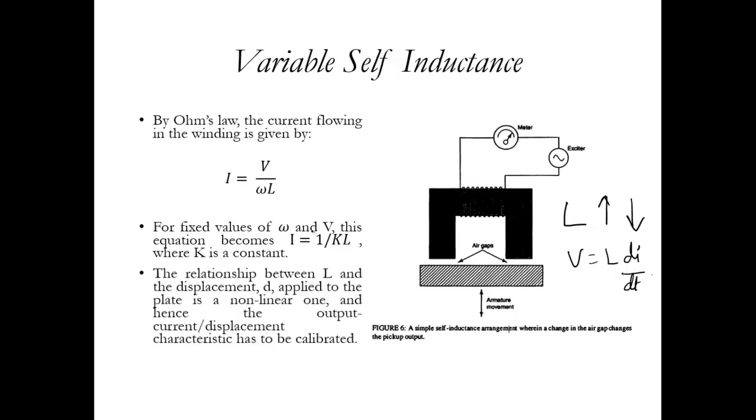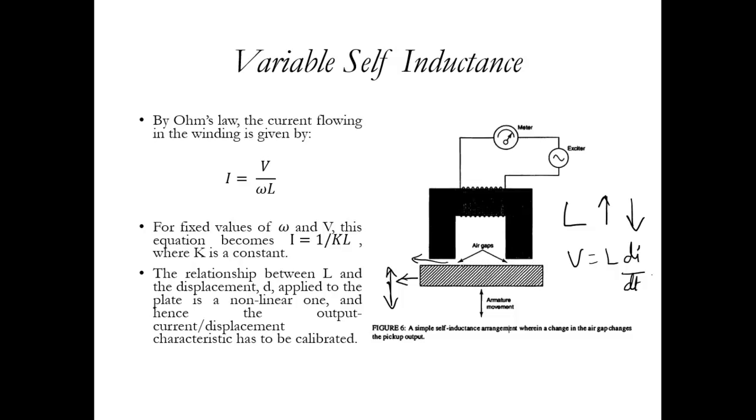Now, this inductance actually bears a relationship with the displacement. We know that the inductance of a coil can change if we change the motion of the ferromagnetic material. This is a ferromagnetic material here. If we make it move up and down, it will cause a decrease or increase in the air gaps, and accordingly a change in the inductance, because that is closely related to the type of core or material that we are using.